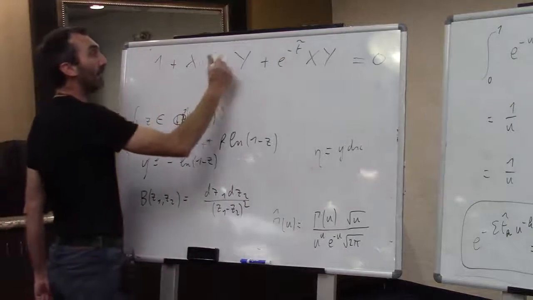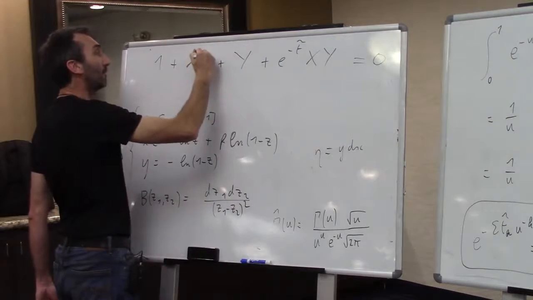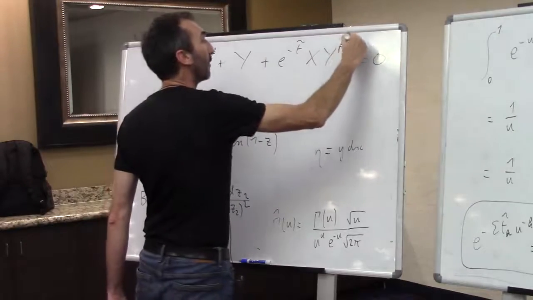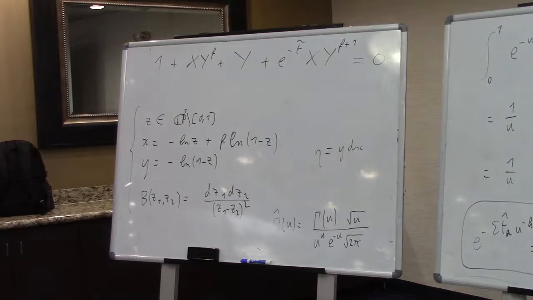Let's do again a framing: change x to x times y to the power f, and so here it's y to the f plus 1. Work out all what I said about the Gromov-Witten invariants, so compute the omega_{g,n} of that curve.